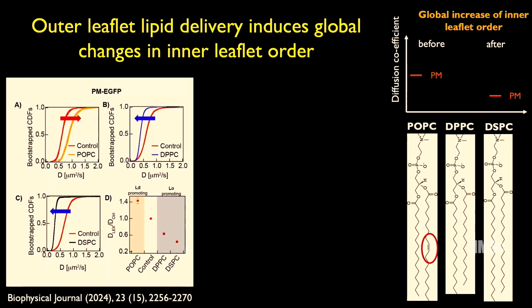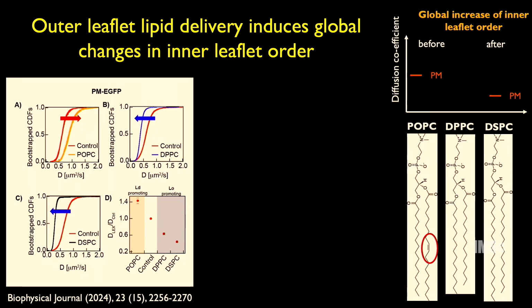You see that, again, the probes are the same, PM and GG. When we add POPC, an unsaturated lipid, we see the diffusion increase, and when you have the saturated lipid, the diffusion decreases. It means that if you add unsaturated lipid or disorder-promoting lipid, you see disorder in the inner leaflet. Remember, all my reactions are happening in the inner leaflet.